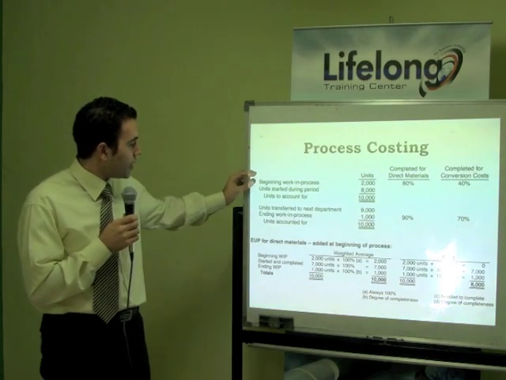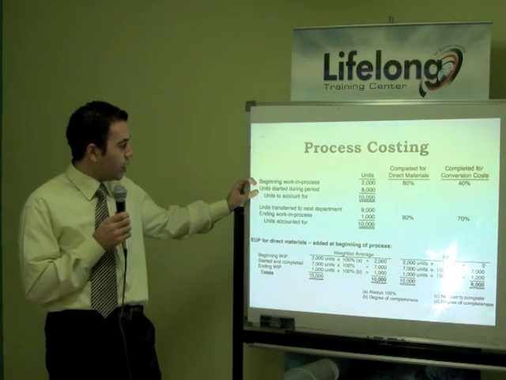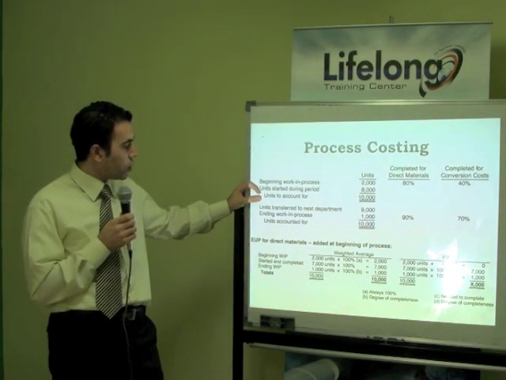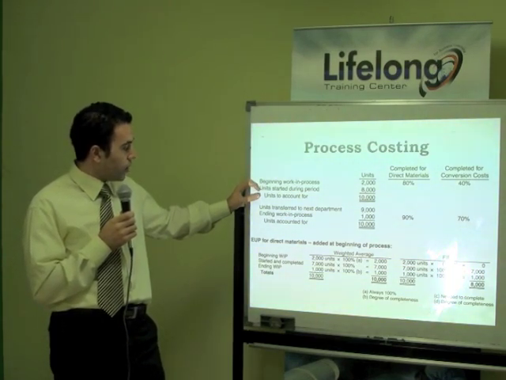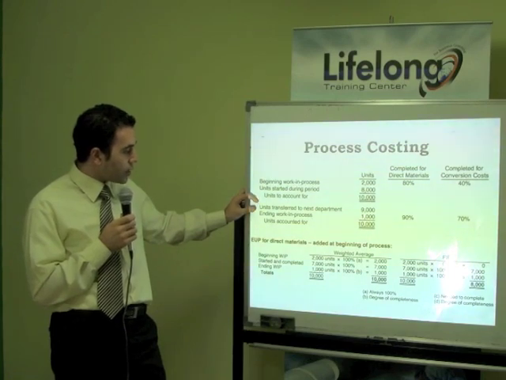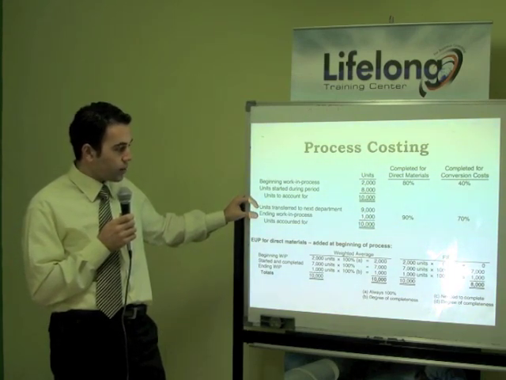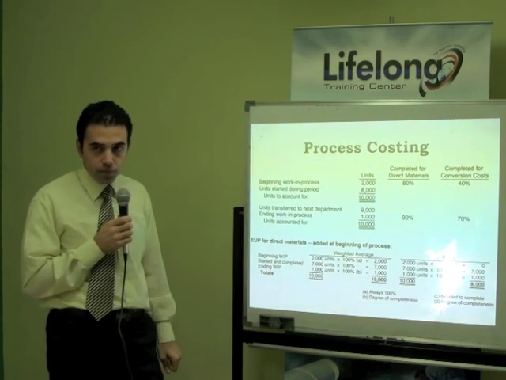We are saying at the beginning of the process we have 2,000 units. Units started during the production, 8,000. We finished 10,000 units, and we're saying units transferred to the next department are 9,000, and we have at the ending of work in process 1,000 units. So we have 10,000 units accounted for.